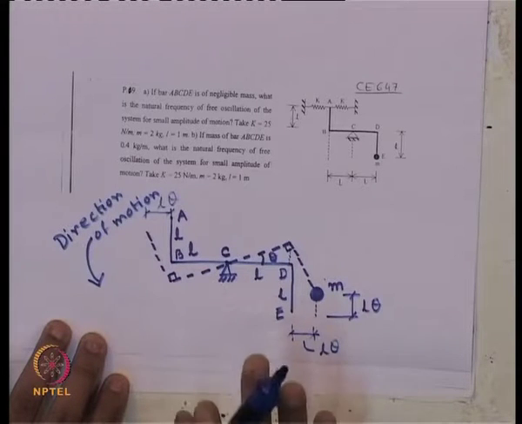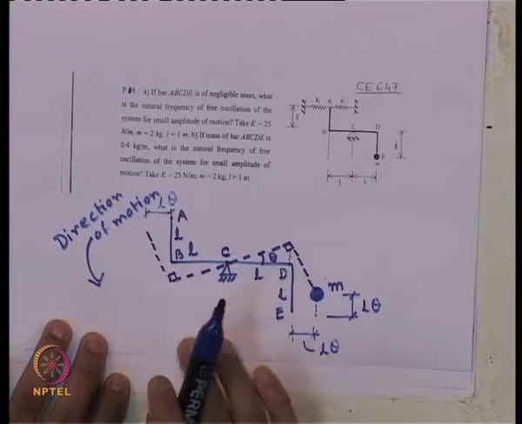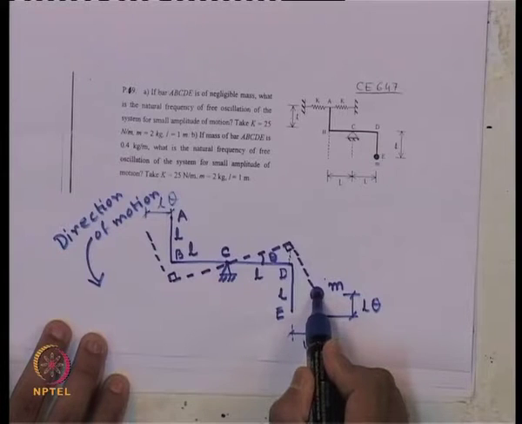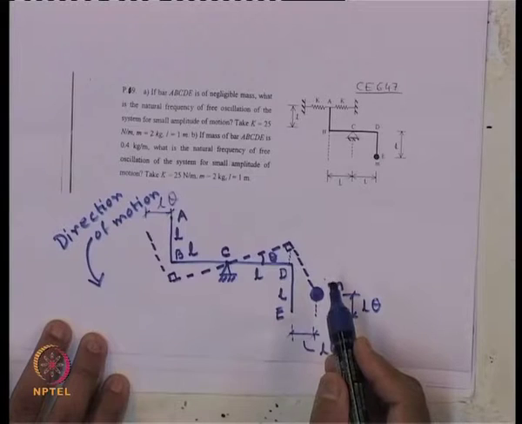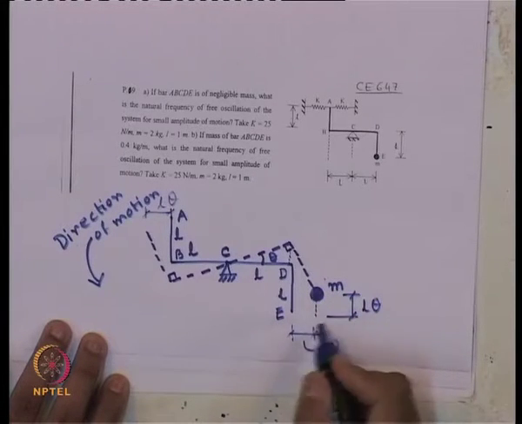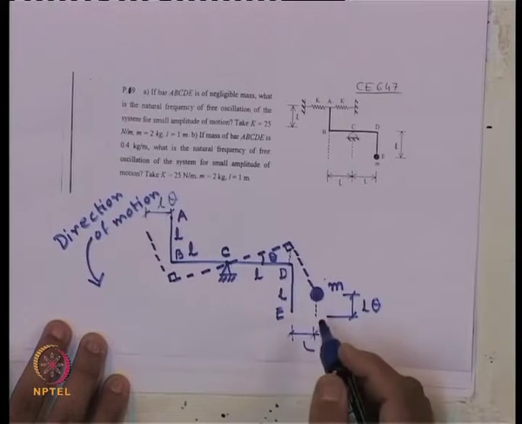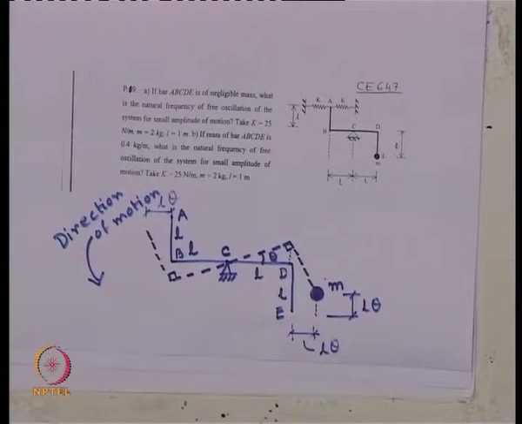So, no question of arising of mass moment of inertia for that rod, but this concentrated mass M will be subjected to inertia forces because it has been displaced. So, it will have acceleration both in vertical direction as well as horizontal direction, because it has two directions of movement. So, there are two inertia forces.